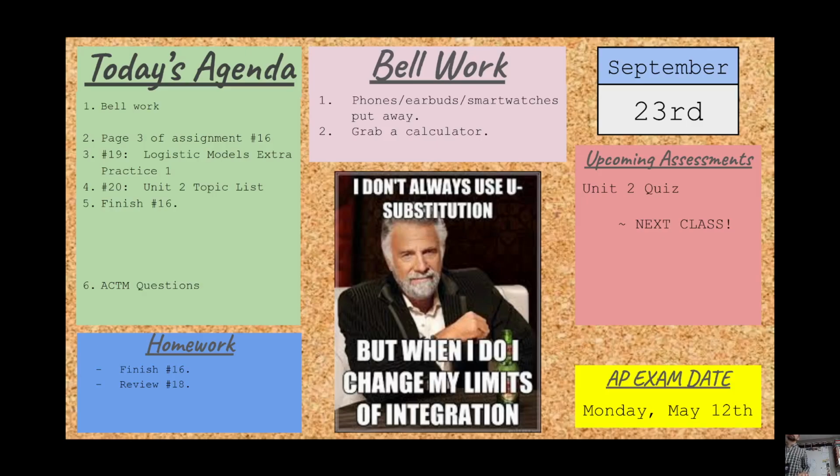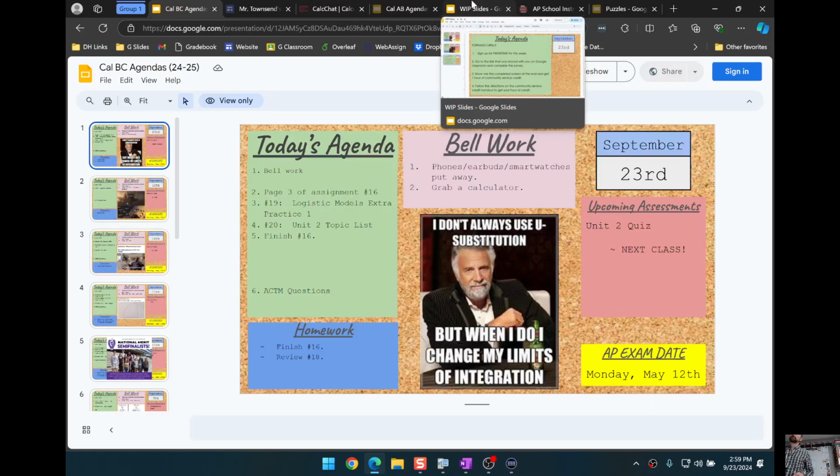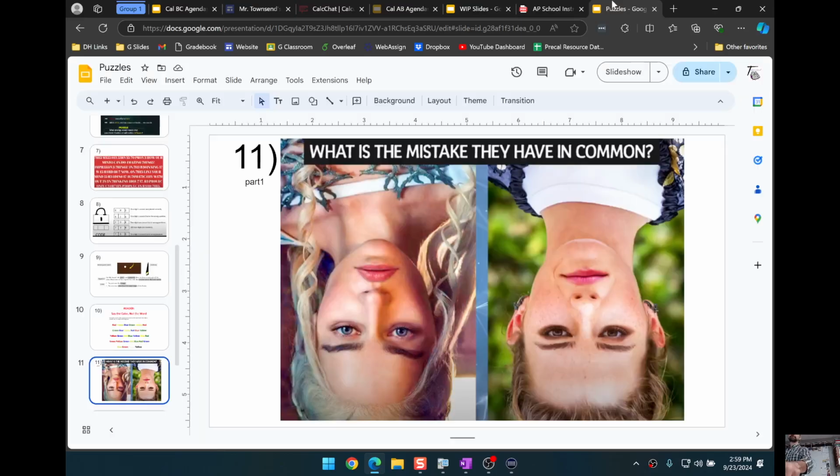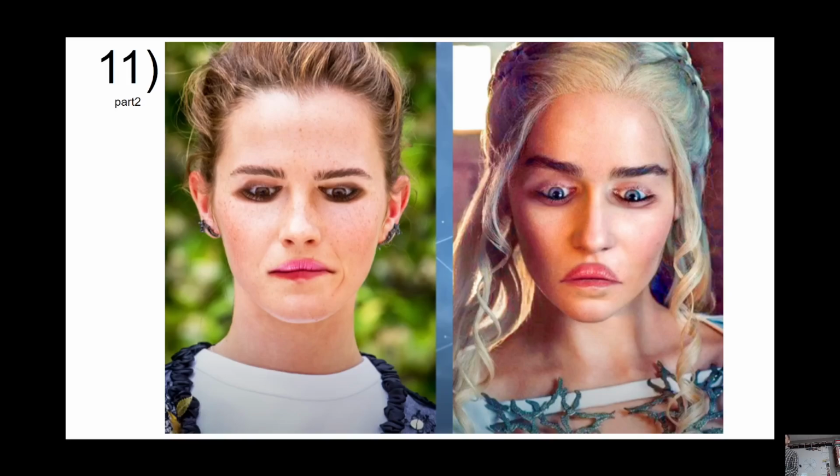Okay, since some of you guys finished up early today, here's the puzzle. Where is it? Nope, I don't see it, Mr. Johnson. Is the puzzle fun? It's almost 3. Ready, set. That's the same one. That's the one from last week.